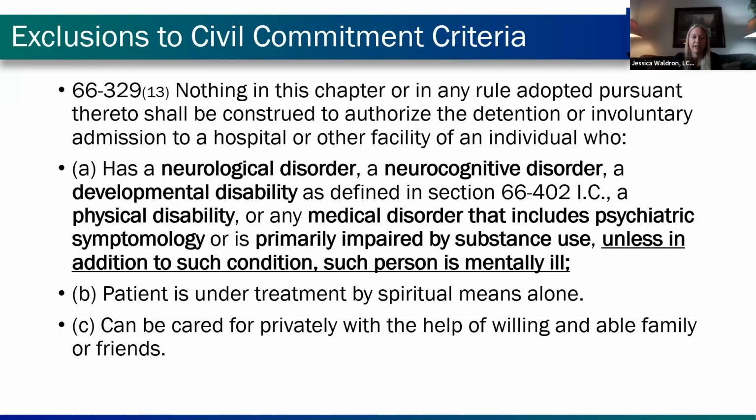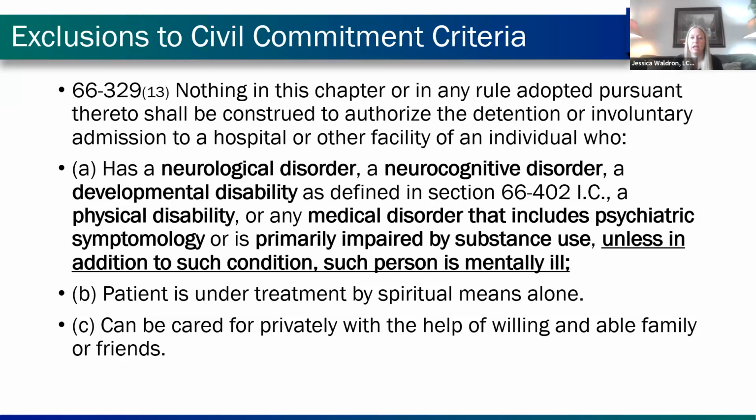We actually have this section of the chapter where it says nothing in this chapter or any rule adopted pursuant shall be construed to authorize the detention or involuntary admission for individuals that have a neurological disorder, a neurocognitive disorder, developmental disability, a physical disability, or any medical condition that includes psychiatric symptomology, or is primarily impaired by substance use, unless, in addition to any of those above conditions, that person also has a mental illness.